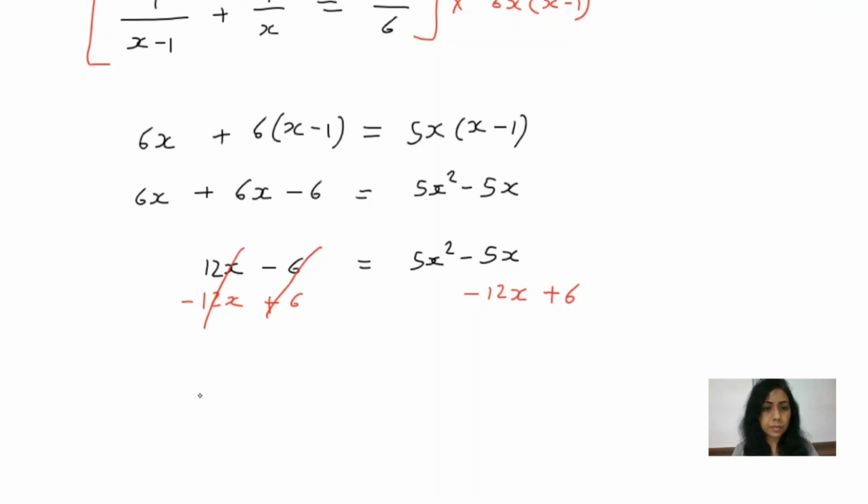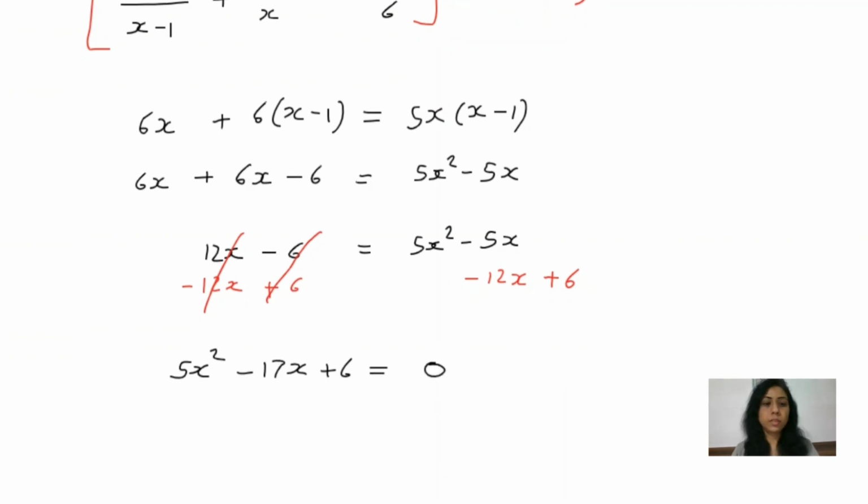So 5x square minus 5x minus 12x, minus 17x plus 6 is equal to 0 here.